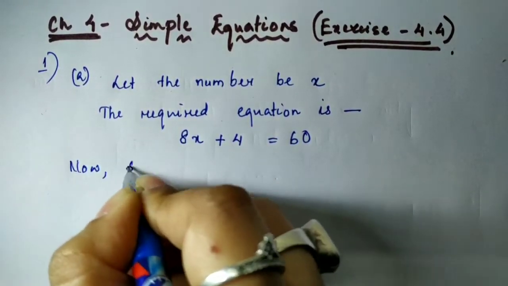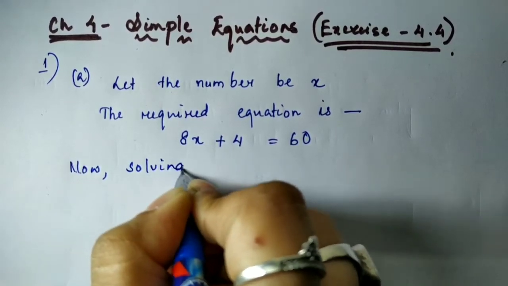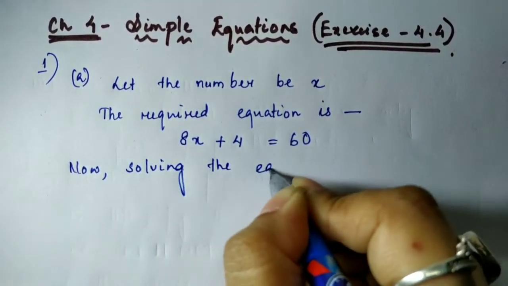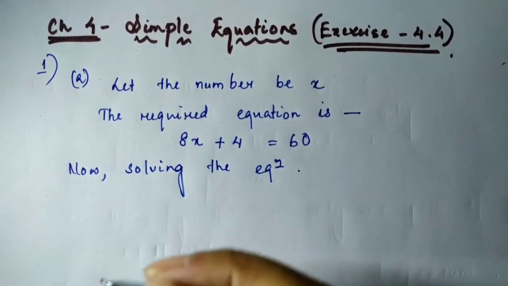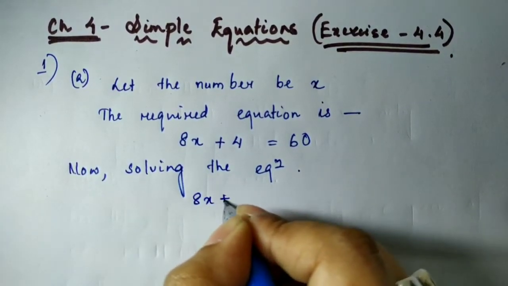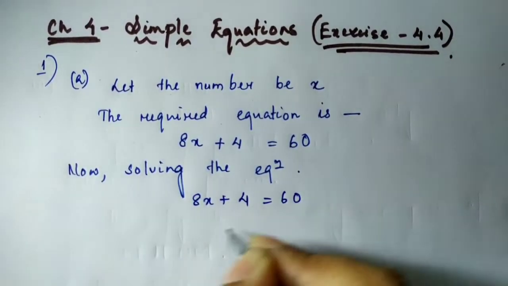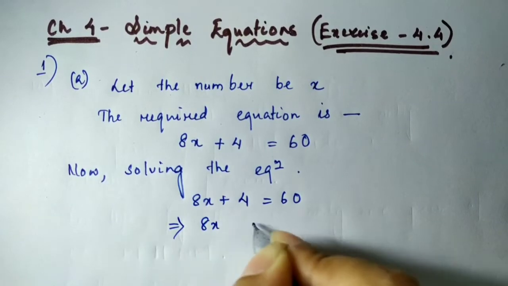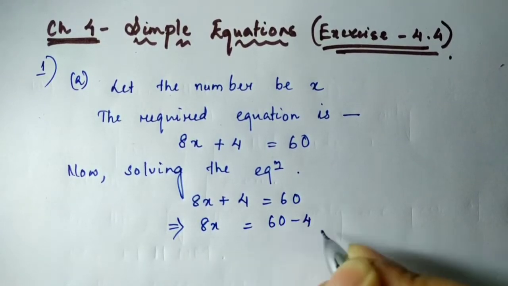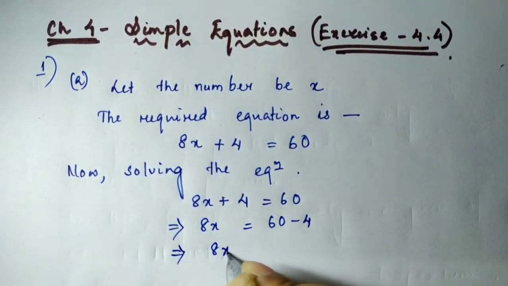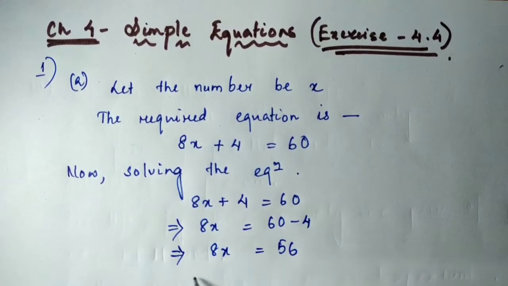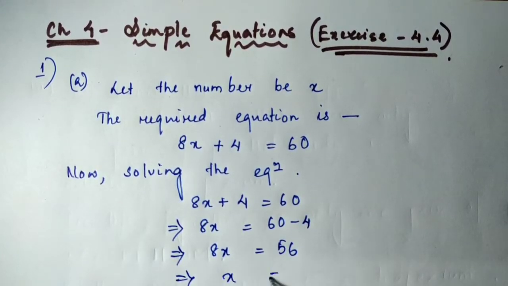So let's do the second part, solving the equation. We can write the short form as this: 8x plus 4 is equal to 60. This implies 8x is equal to 60 minus 4. This implies 8x equal to 56, subtracted. x equal to 56 divided by 8.